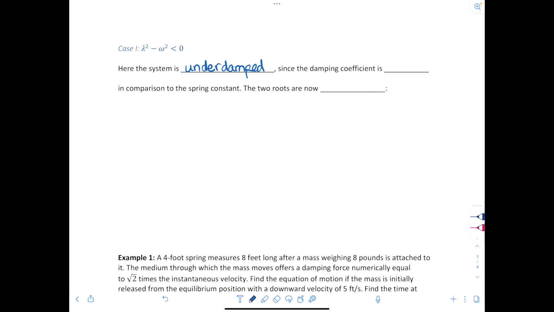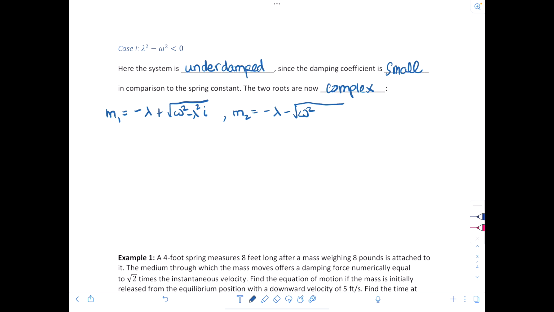Since the damping coefficient is small in comparison to the spring constant, the two roots are now complex. So what will happen is we would end up getting m1 equals negative lambda plus the square root of omega squared minus lambda squared times i. M2 would be negative lambda minus the square root of omega squared minus lambda squared times i.